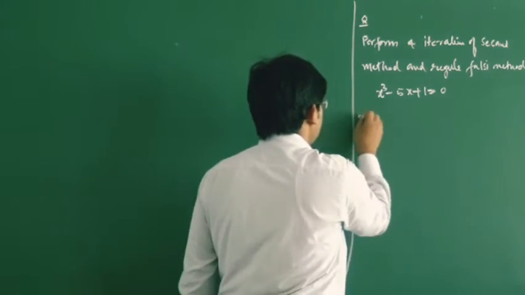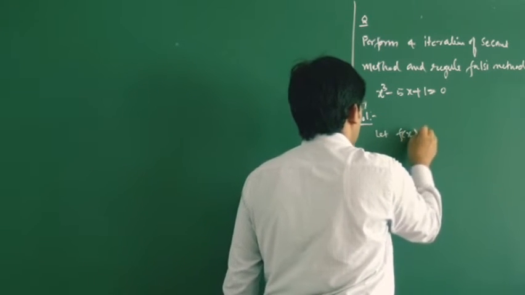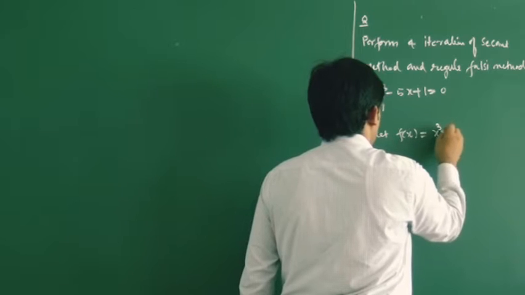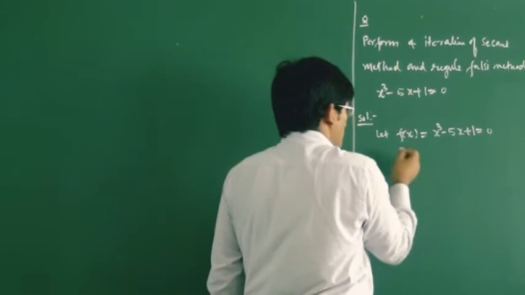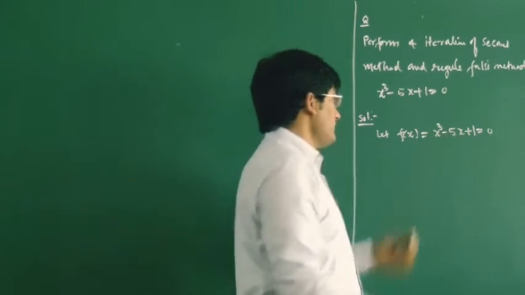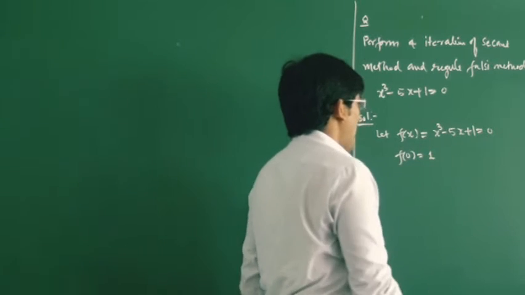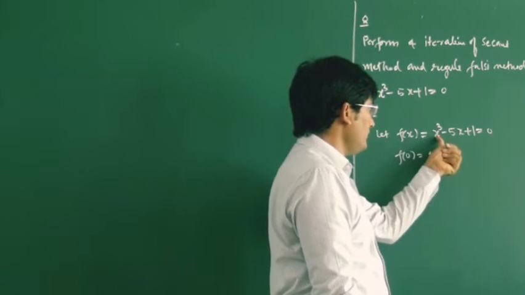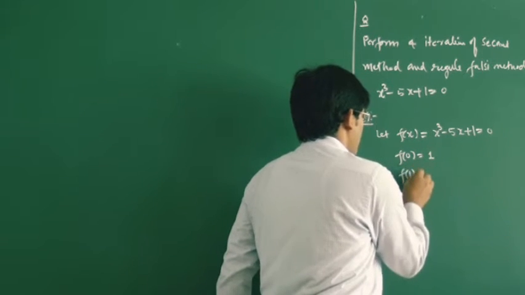So solution, let us assume f(x) equal to x cube minus 5x plus 1 equal to 0. If you put x equal to 0, then you can see that this is plus 1, and if you put x equal to 1, then this is 1 plus 1 minus 5, so we have minus 3.